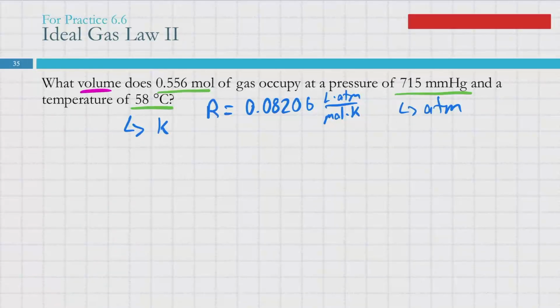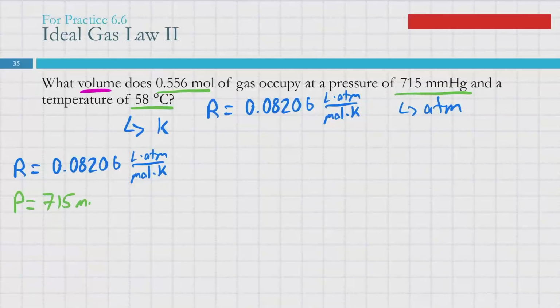Some of you might find it helpful to go ahead and write all your variables out on the side. Ultimately, that's up to you. So we have pressure provided, 715 millimeters of mercury, temperature 58 Celsius, number of particles 0.556 moles.